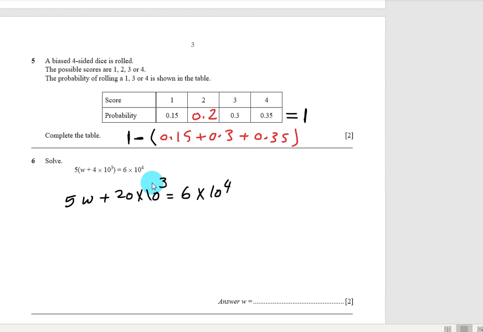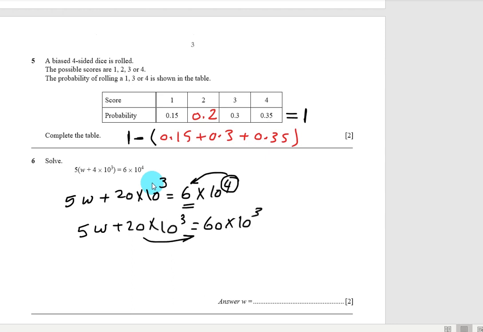Now let us change this 6 and take one of the tens and add it here. So 5w plus 20 multiplied by 10 power 3 will be equal to 60 multiplied by 10 power 3.